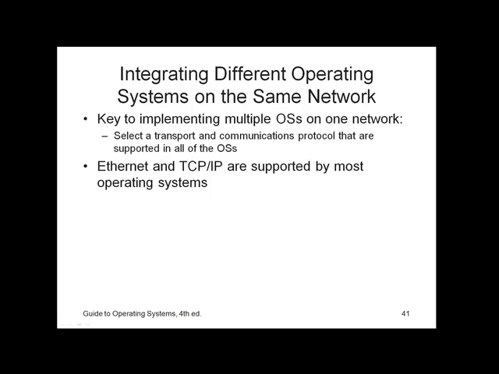As I said before, it's supported by Mac OS X, Unix, Linux, Windows-based operating systems, all the server operating systems we discuss in the book, and even mainframe operating systems will support the Ethernet protocol. Also, the TCP/IP communications protocol is supported by most operating systems today. You will rarely go wrong if you include these two protocols in a network that has to integrate different operating systems.